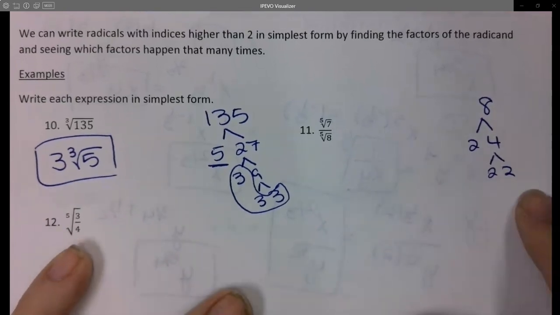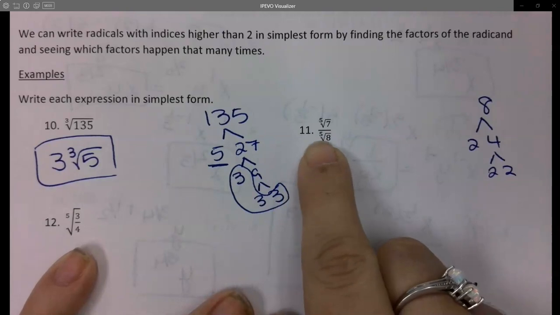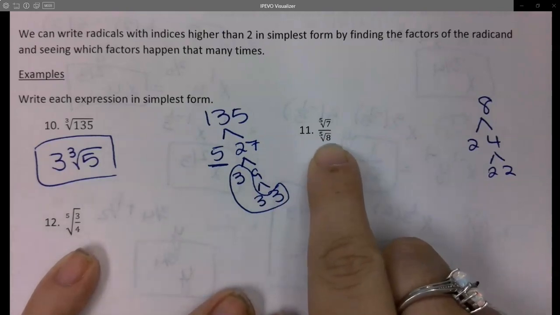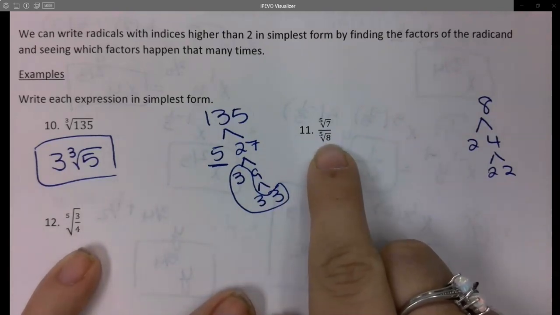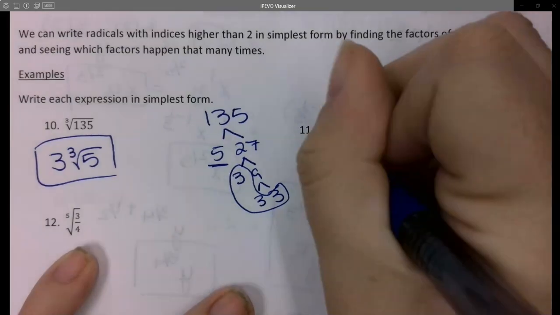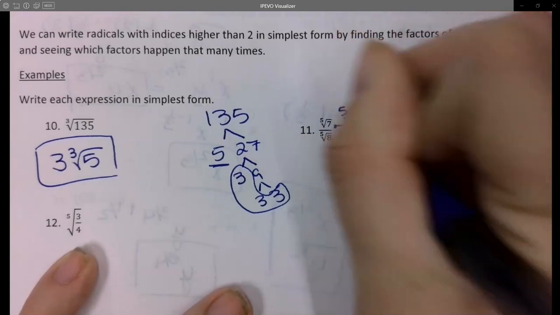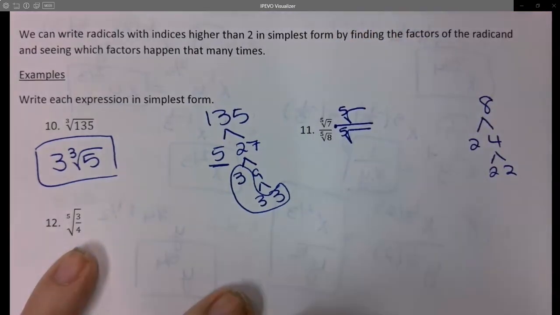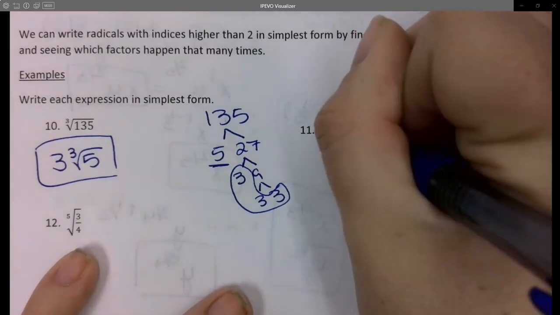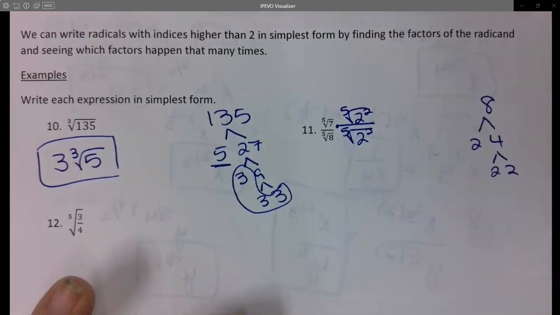Notice I have 3 2's on the bottom, but I need 5 to get rid of the radical. So I'm going to multiply by the 5th root on the top and bottom. And I need 2 more 2's, so I'm going to multiply by 2 squared. The 2 that's the exponent is telling me how many more 2's I need.